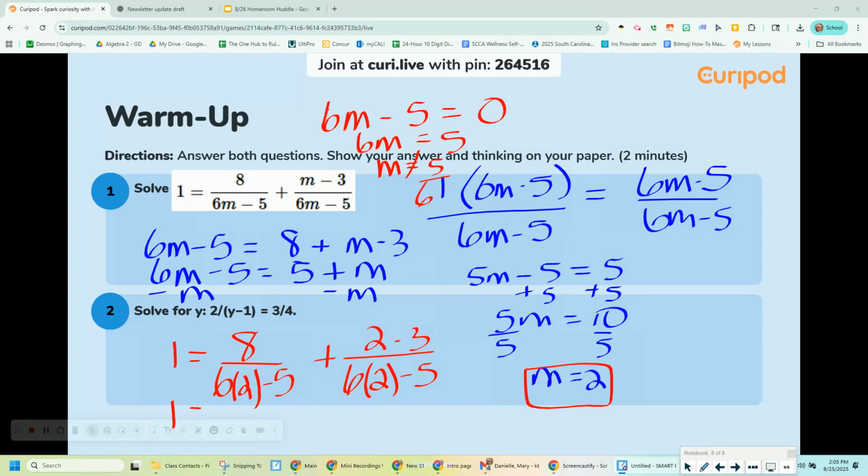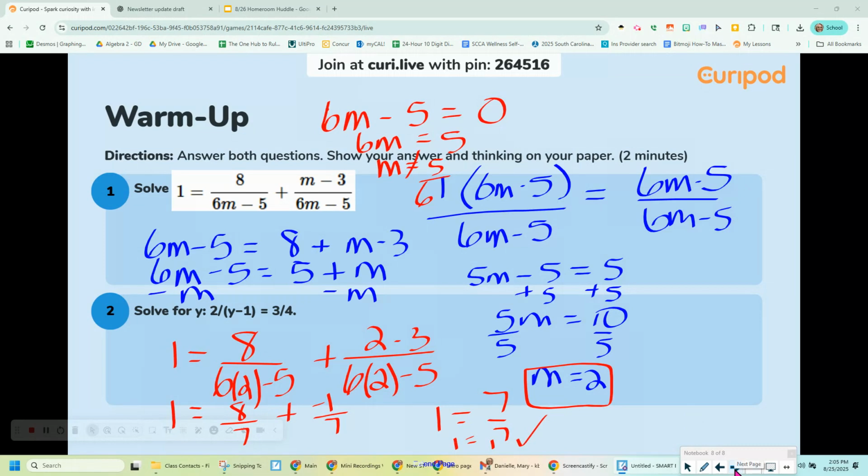That's going to give me 1 equals 8 divided by 12 minus 5, which is 7, plus 2 minus 3 is negative 1, over 7. So 8 plus negative 1 is going to equal 7 over 7. And that is the same as 1 equals 1. So 2 is definitely going to be my solution.